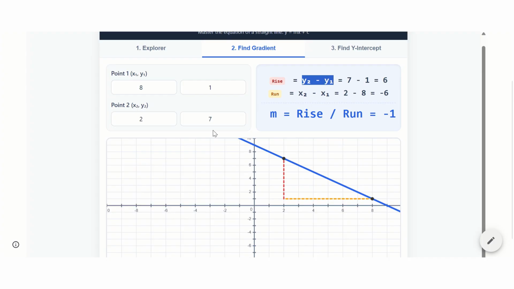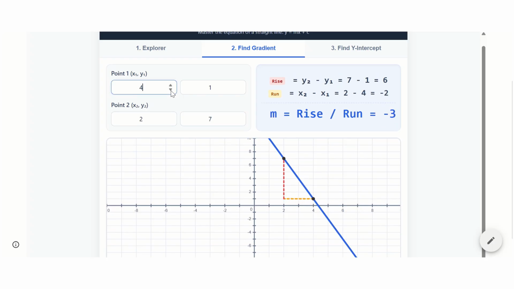Okay, let me show you another example. Supposing I use these 2 points. You can see that the rise is 1, 2, 3, 4, 5, 6 units, or 7 minus 1, which is 6.